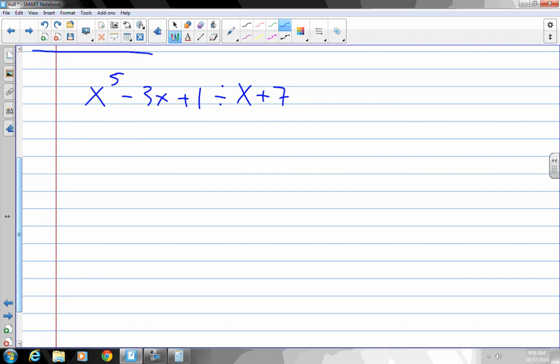So how do I set this up? X plus 7 goes here. What do I put on the inside of that squiggly? What do I write here?